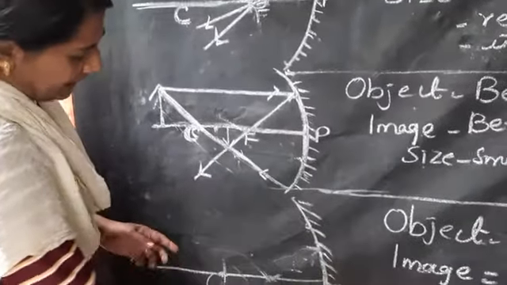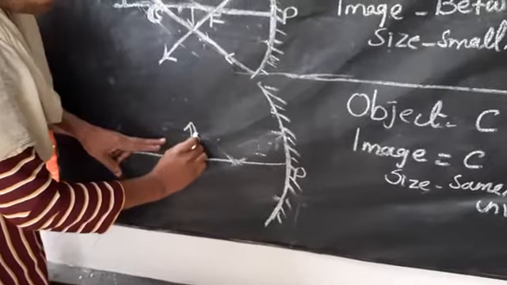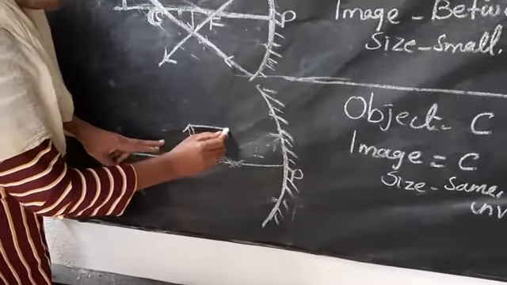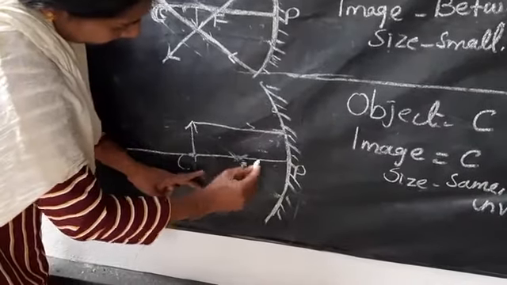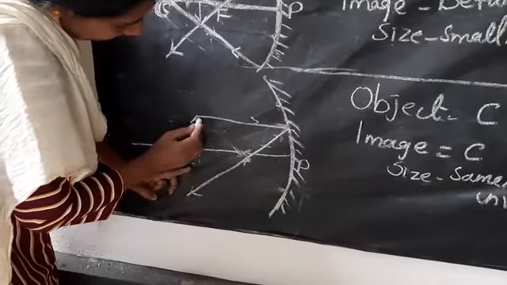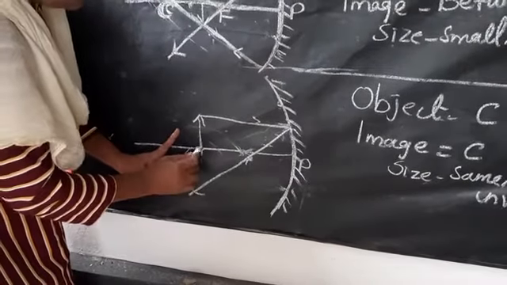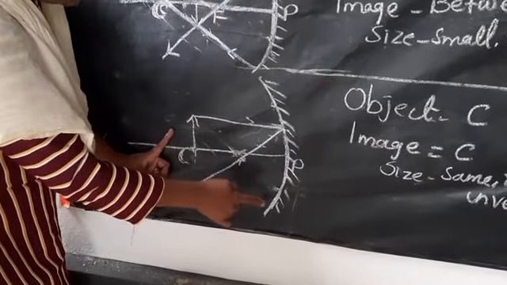The third ray diagram, if the object is at C. An incident ray is coming. After this is F, it should go through F, isn't it? Another ray, see, we cannot take C. If the ray goes through C, we cannot take that condition.